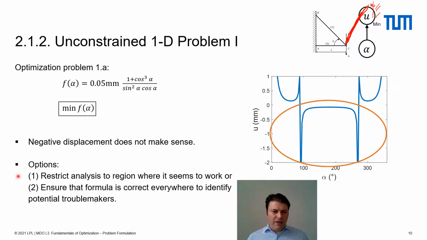We can either say, well, let's ignore this and just restrict our analysis to the region where it seems to work, which is this one. So we have a plausible explanation for what's going on, and there's no obvious reason why this should be wrong. Or we ensure that the formula is correct everywhere to identify potential troublemakers. So there could be something in the formula that does not make it only wrong here, but also here.